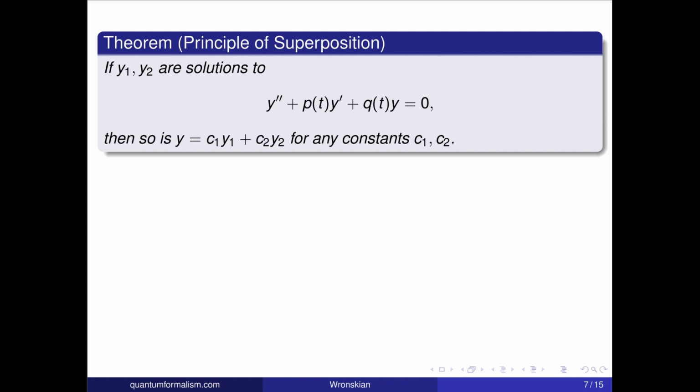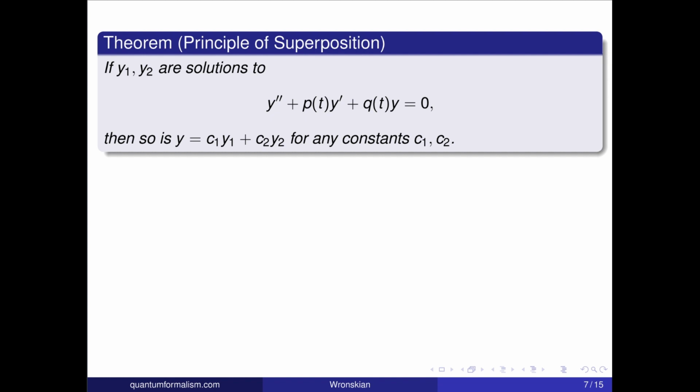So this first theorem tells us that if we have two solutions, then taking linear combinations will give us more solutions. This isn't saying that we have all the solutions yet. It's just saying that if you start with two solutions, you can do any linear combinations you want and you'll still have a solution.